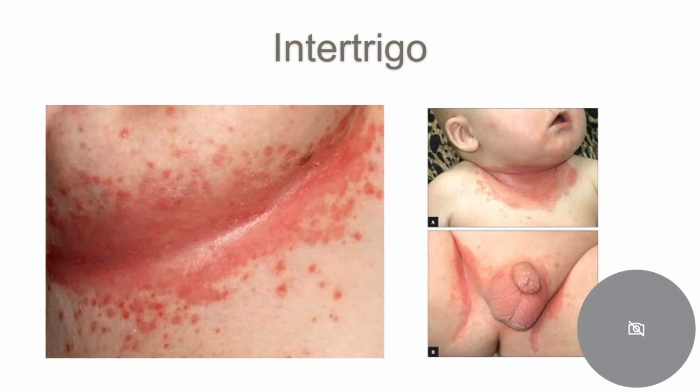Candidiasis. Here we have a typical candida infection, which often happens in the intertriginous areas, such as this inframammary, neck or groin area. These can be described as erythematous, beefy papules and plaques with typical satellite lesions surrounding it.